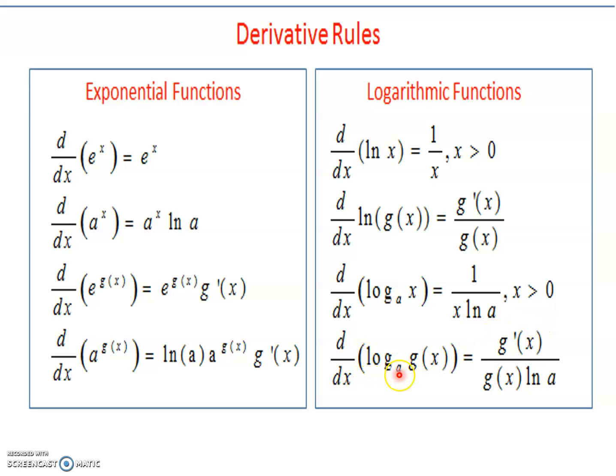Derivative of log to the base a of g of x is equal to g dash of x upon g of x ln a. This portion is obviously called the chain rule.